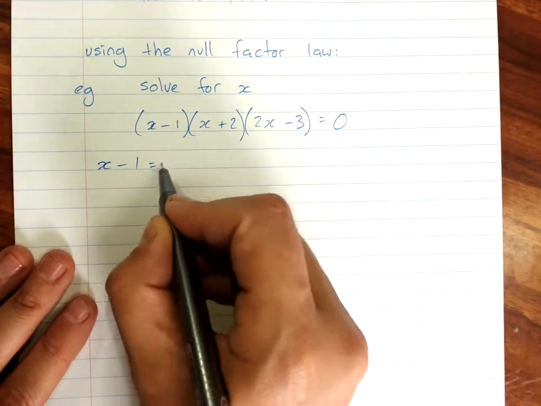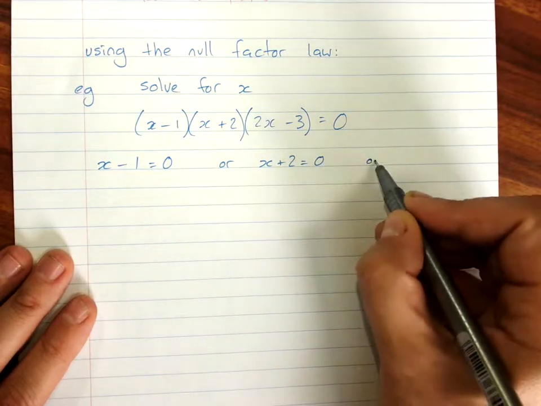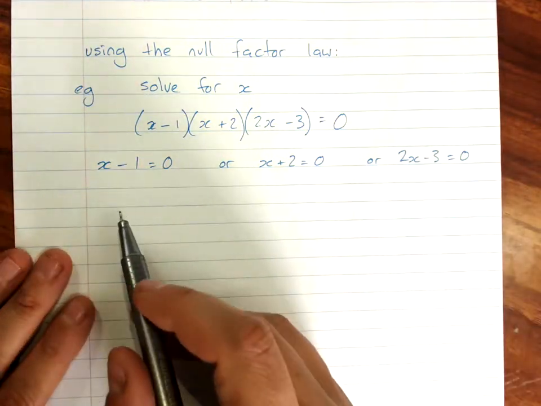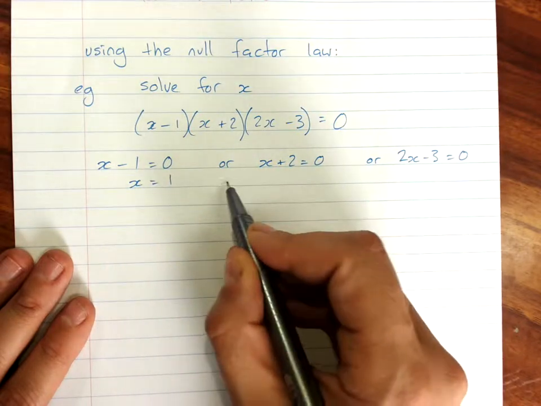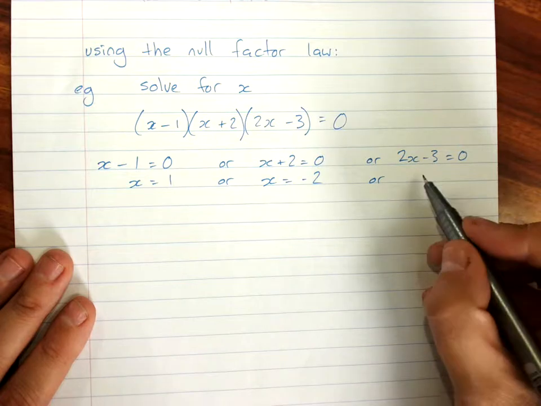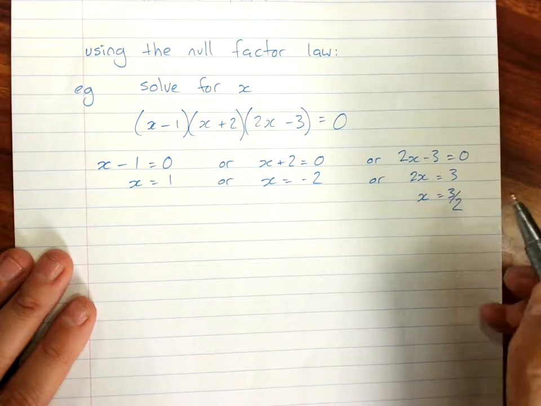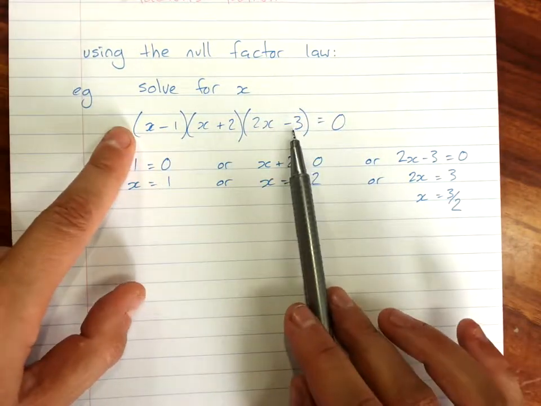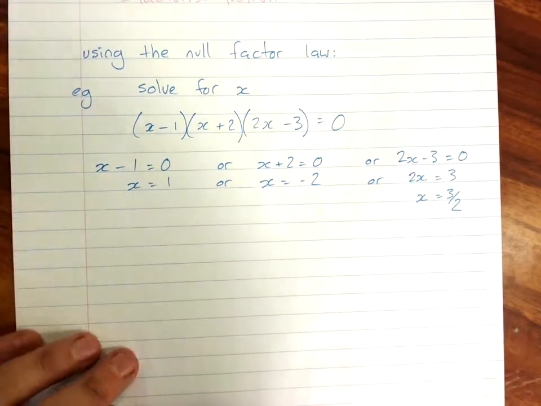X minus 1 equals 0, or x plus 2 equals 0, or 2x minus 3 equals 0. Solve each of those to find out the three possibilities for x. X equals 1, or x equals negative 2, or 2x equals 3, x equals 3 on 2. So that's a reminder about the Null Factor Law, that once we've factorized a polynomial, we use the Null Factor Law to find the values for x.